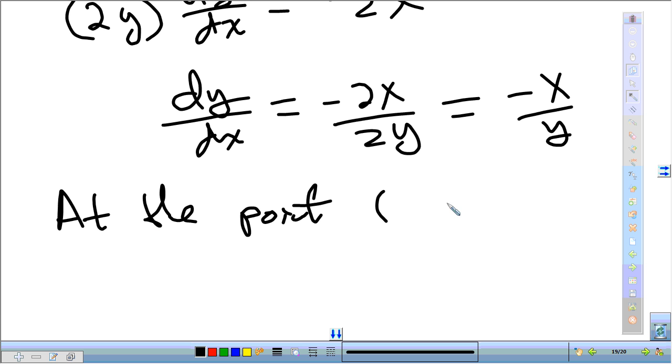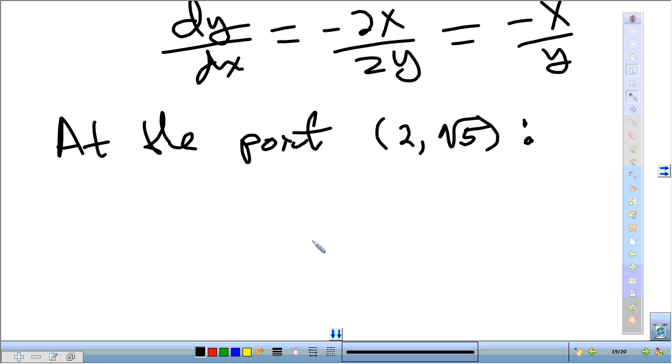If I had a particular point back on this curve, one point being 2 and the square root of 5, so 2 squared plus the square root of 5 squared is 9, so it's a value on the curve.